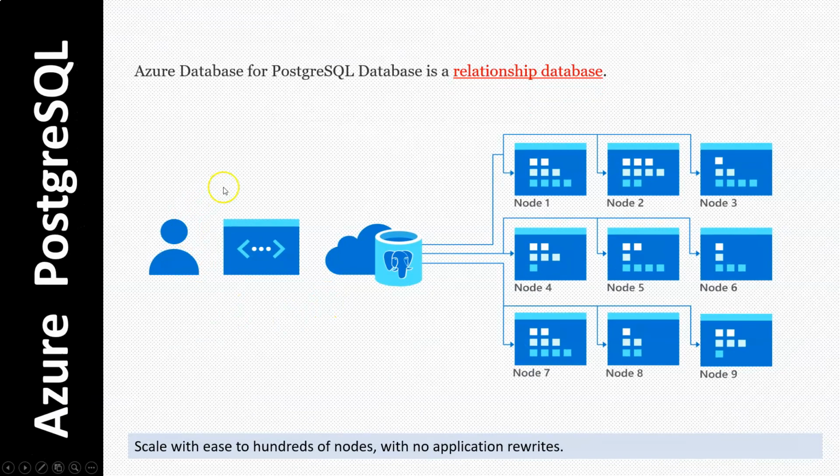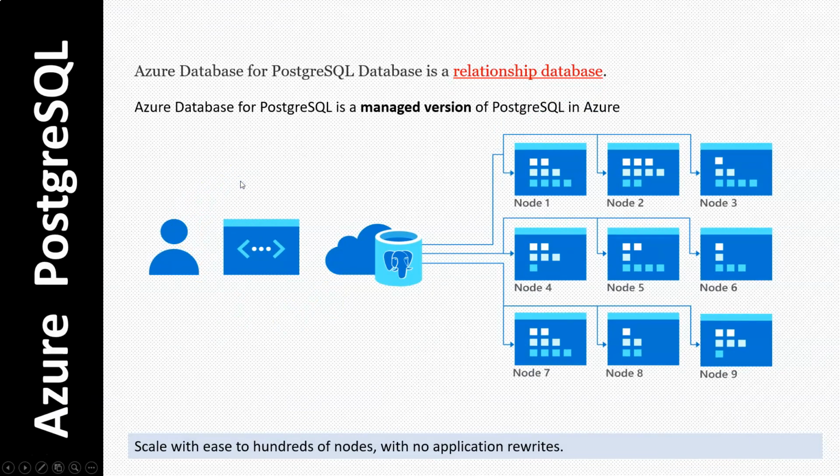Azure Database for PostgreSQL is a managed version of PostgreSQL in Azure. So again, Azure provides this as platform as a service, so you don't have to worry about the underlying infrastructure. You simply go and create a server, create your database and tables, and then you're good to go, right?